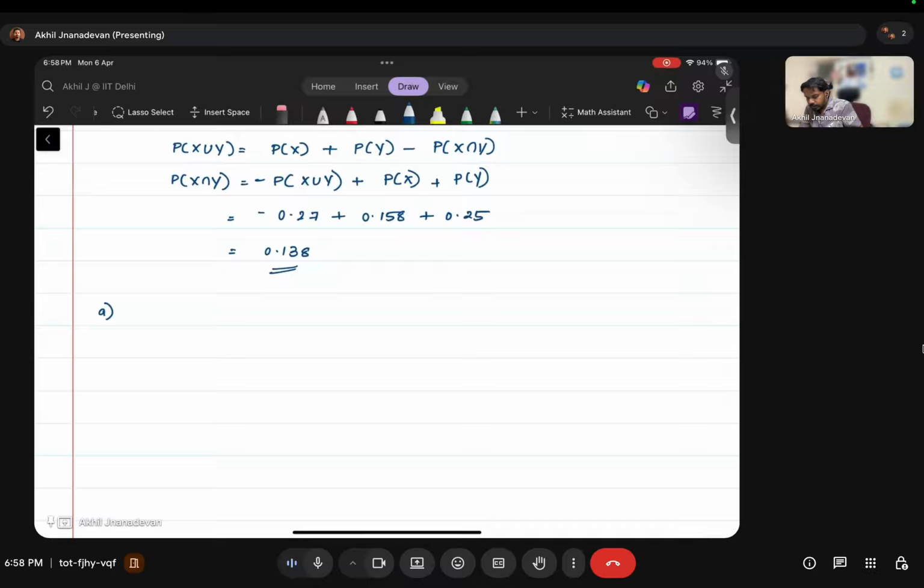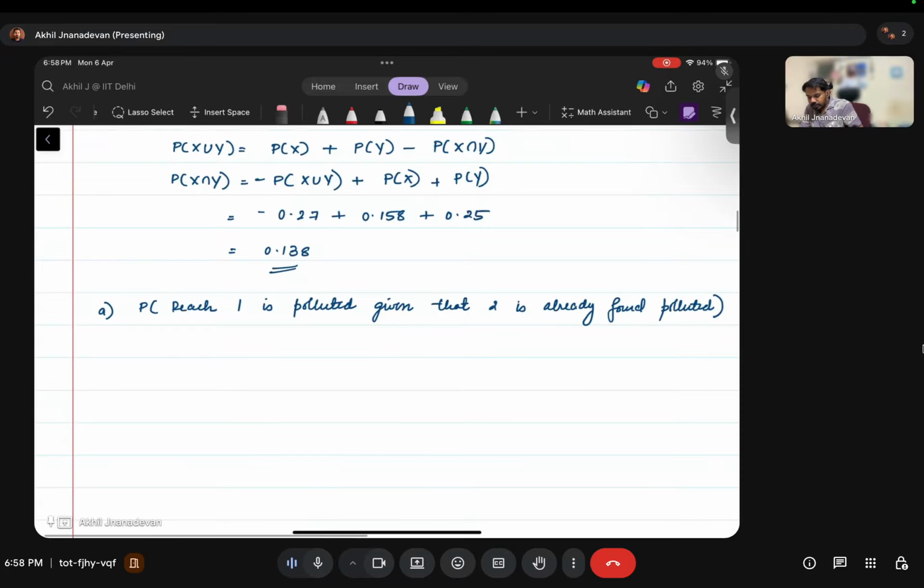Case A is the probability that reach 1 is polluted given that reach 2 is already found polluted.